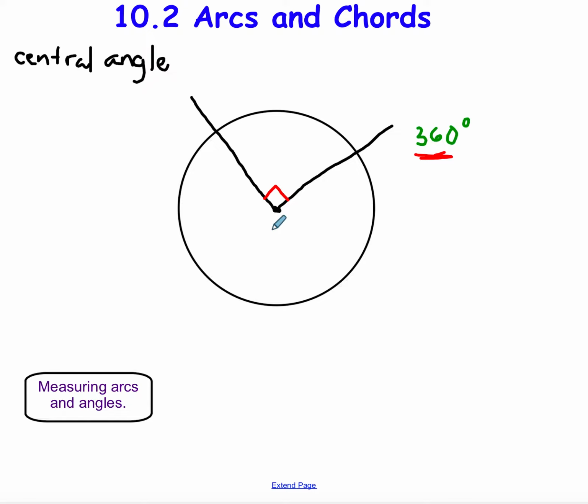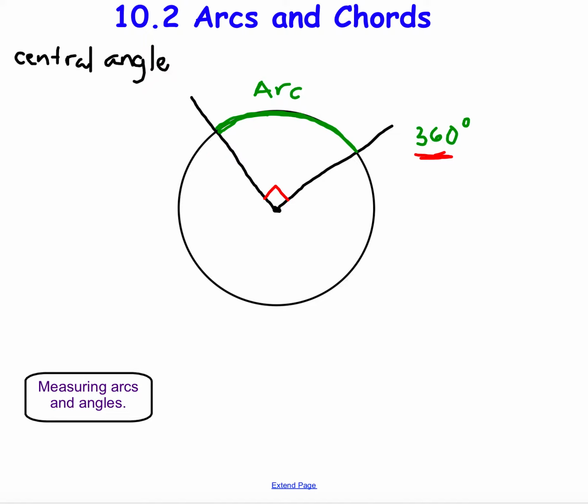So if this angle measures 90 degrees, then this section of the circle right here is called an arc. Okay, that's called an arc. A-R-C. It's only a section of the circle. It's not the entire circle. It's a specific section of this circle that measures a certain portion.